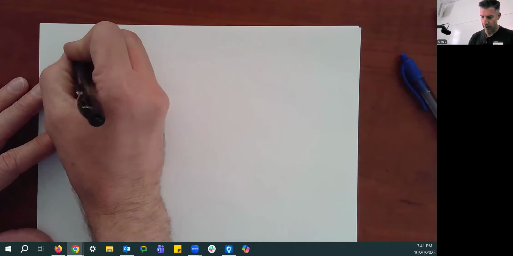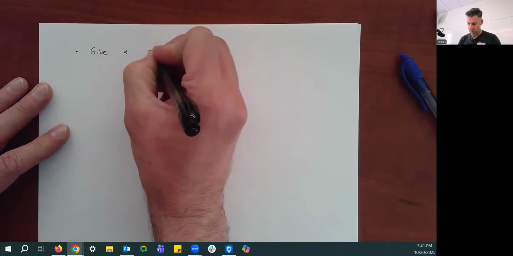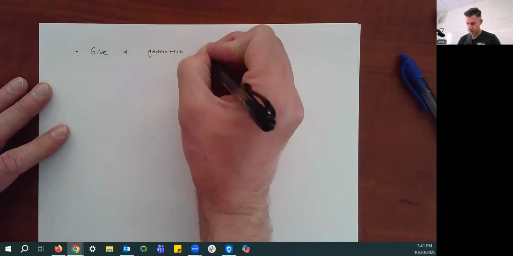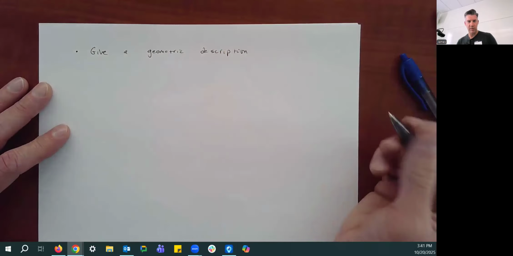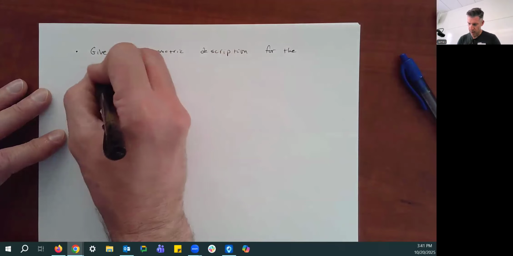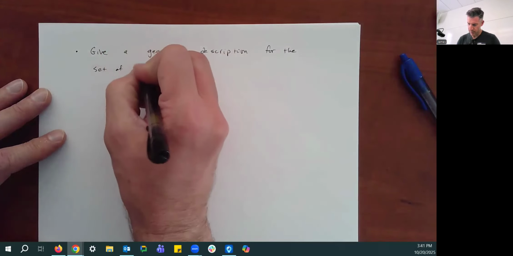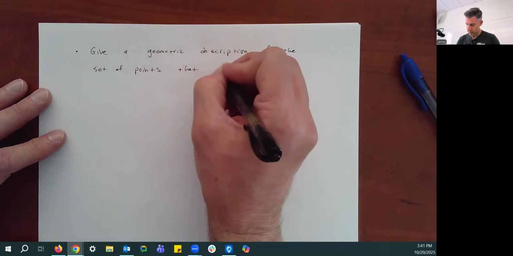So let's talk about a few other things. Let's give some geometric descriptions of the following equations. Give a geometric description for the set of points that satisfy the given conditions.